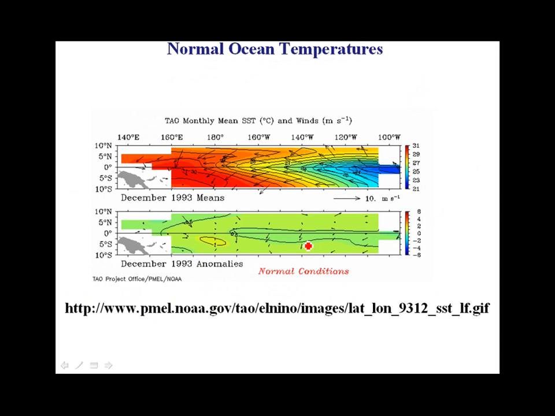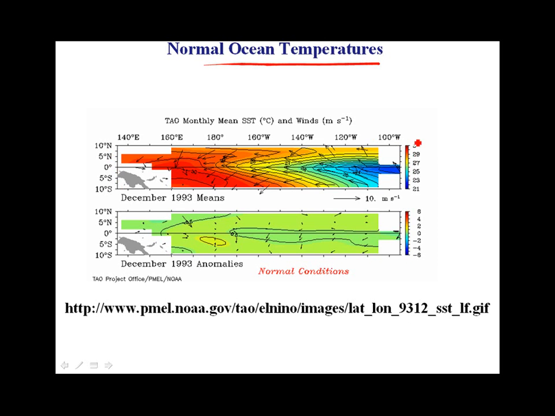So now what you're looking at is what we call normal ocean temperatures, and there's a lot of things going on here. But what you see in this particular graph, you see 0 degrees. This is the equator. 5 degrees north, 10 degrees north, 5 degrees south latitude, 10 degrees south latitude.